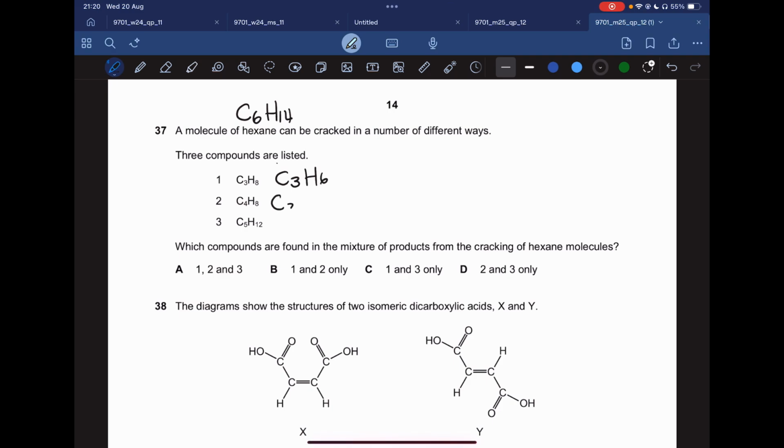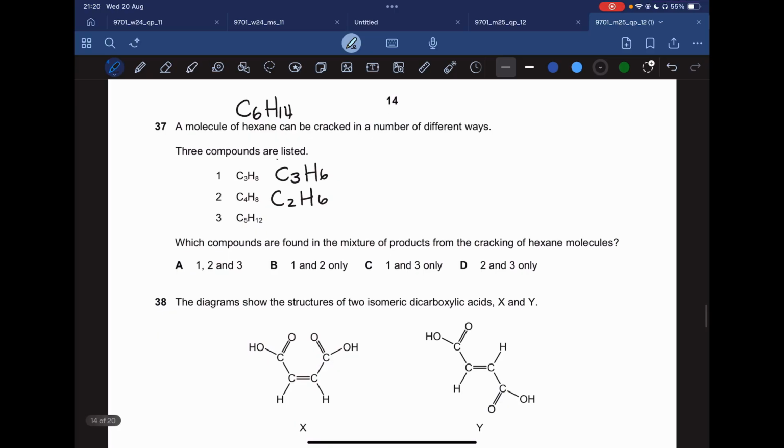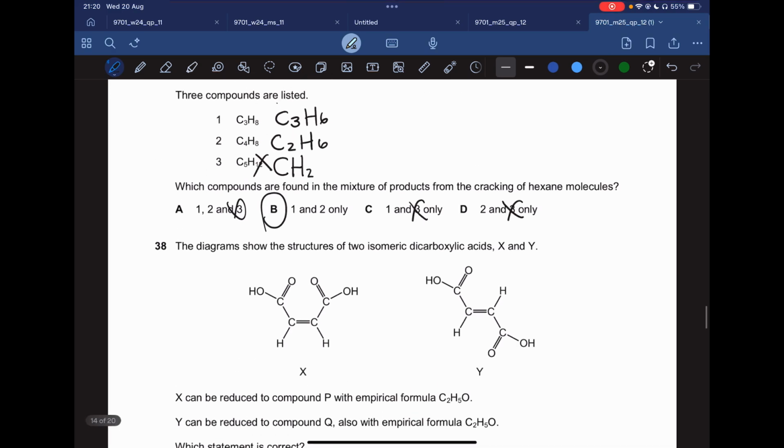This is C2H6 as well. Yes, C2H6. Here we have CH2. That obviously cannot be true because we can't have CH2. So we can take out 3 as an option already, and you can see the answer is B. Cool. Yep, that's it.